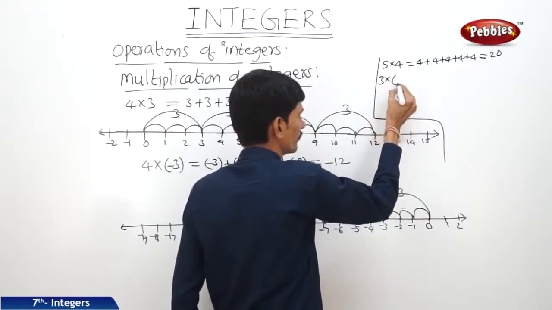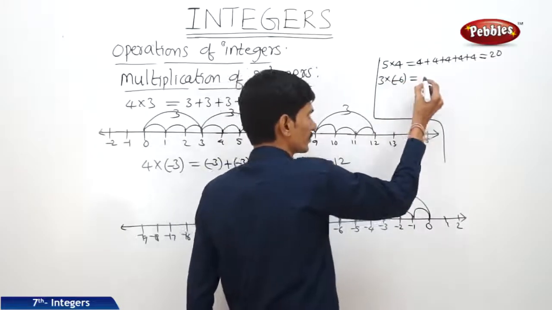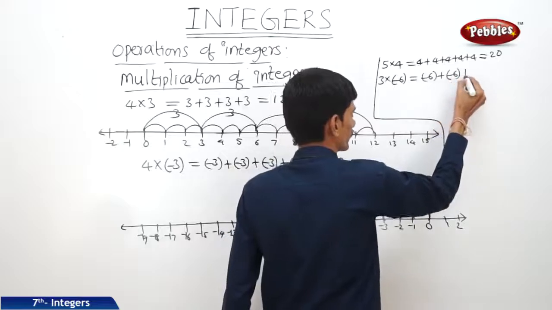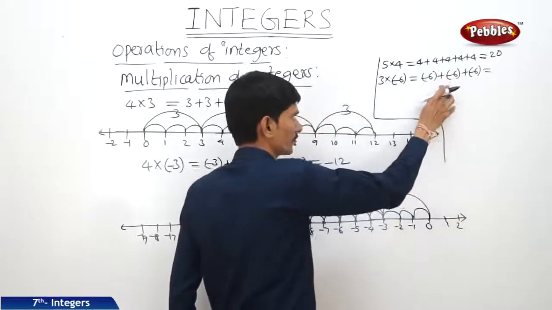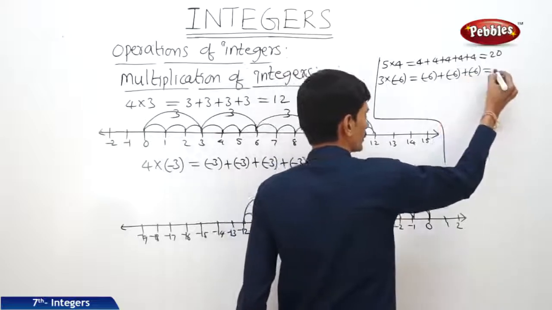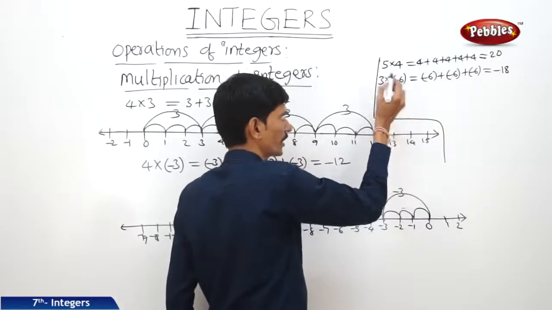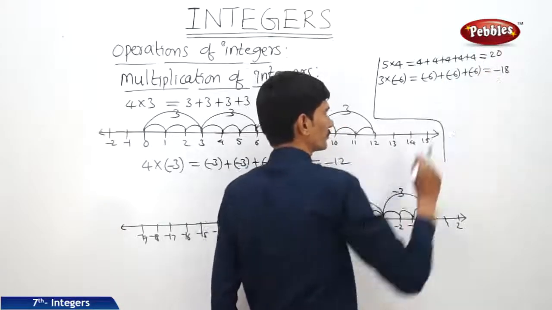And 3 into minus 6. So 3 times minus 6. Then we get minus 6 plus minus 6 plus minus 6. Here minus 6, minus 6 is minus 12, minus 12, minus 6 is minus 18. So here also when you multiply a positive integer by a negative integer, we get the product again as a negative integer.